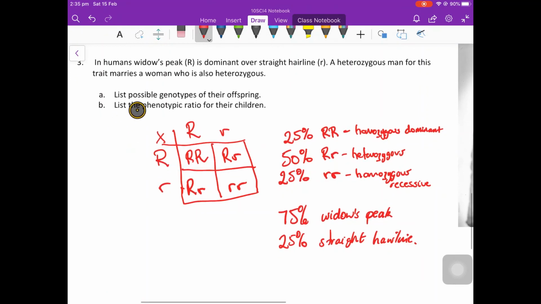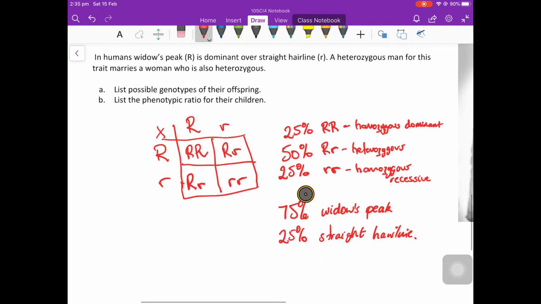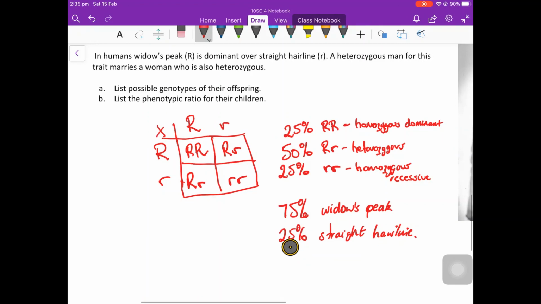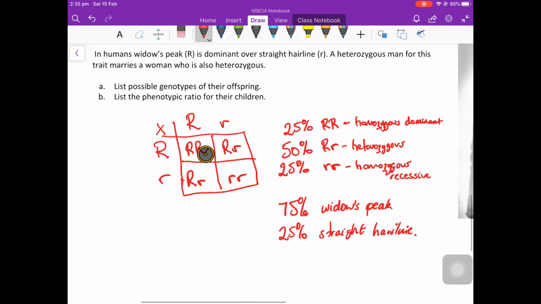And now the question says, list the phenotypic ratio. So if you look at how I've presented this here, probably what we're used to, this is actually percentage, and that's not what the question's asking us to do at all. So it's asking for a ratio. So we can either go back to our Punnett square and have a look at the ratio of widow's peaks to straight hairlines, or we could think about our percentages as a ratio. And I like to look at the Punnett square to do this.